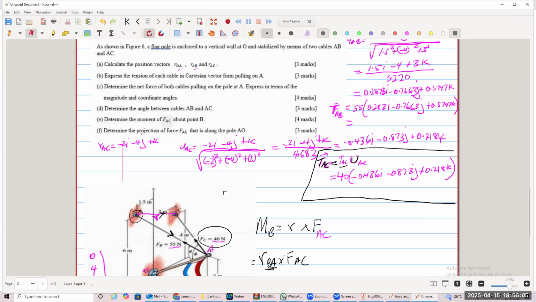Let me erase this for now. So give me the net force. Oh, I didn't realize I'm jumping over the question. So part C, the net force.